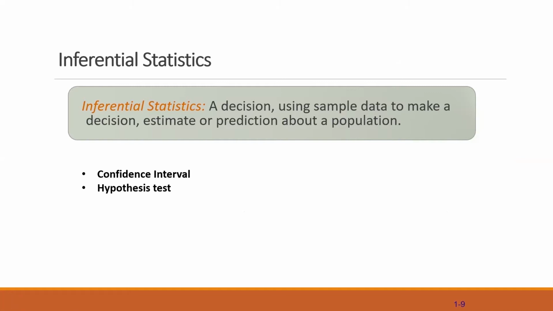We want to use the sample data to make a decision about a population. And that decision could be to estimate for the population or to predict for the population. There are two tools. The first tool is called confidence interval, and the second tool is called hypothesis test.